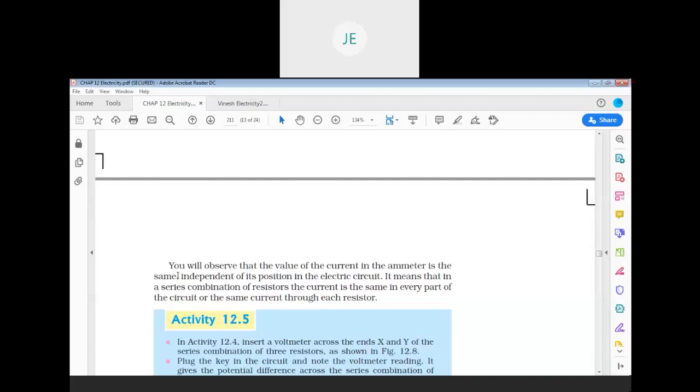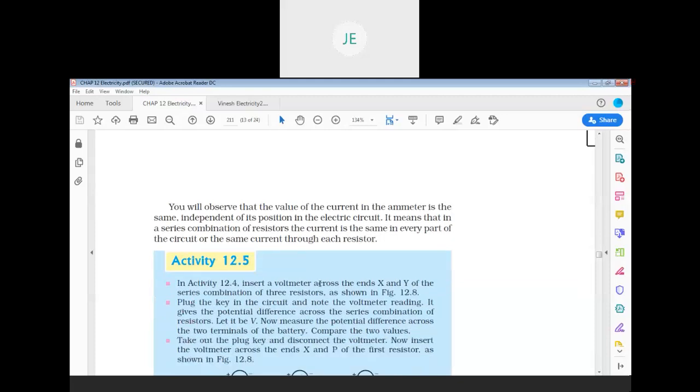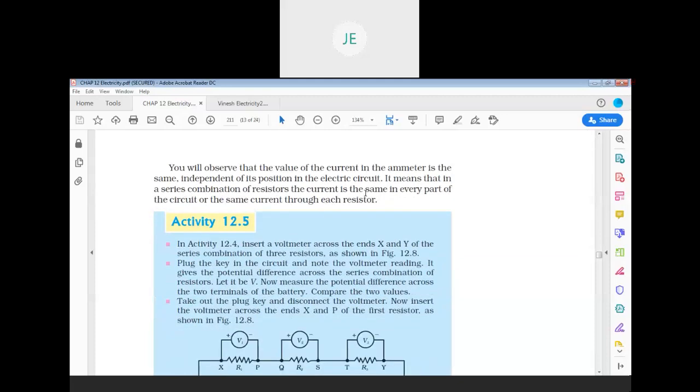Whatever the position of the ammeter, the current value remains the same. It means that in a series combination of resistances, the current is the same in every part of the circuit, the same current through each resistor. That is what we observe.